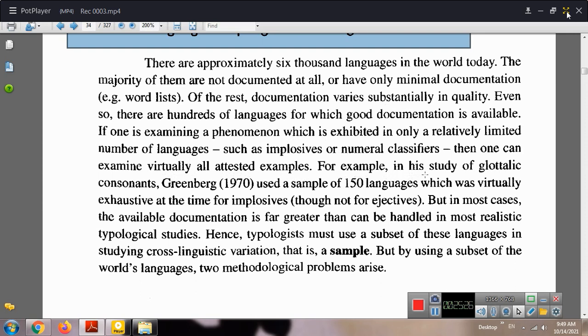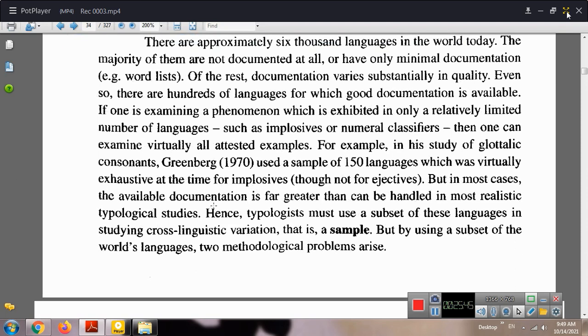For example, in his study of glottalic consonants, Greenberg in 1970 used a sample of 150 languages, which was virtually exhaustive at the time for implosives, not for ejectives. But in most cases, the available documentation is far greater than can be handled in most realistic typological studies.